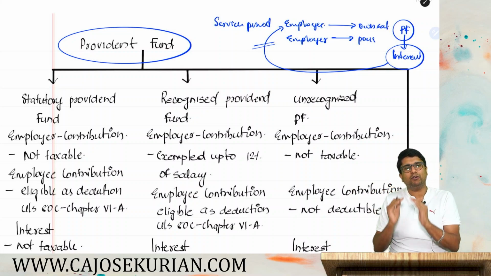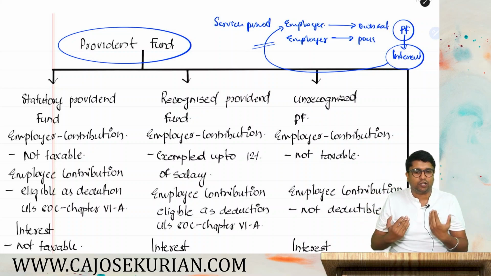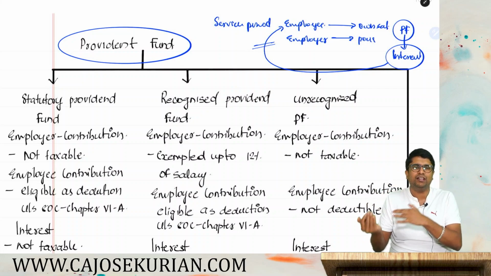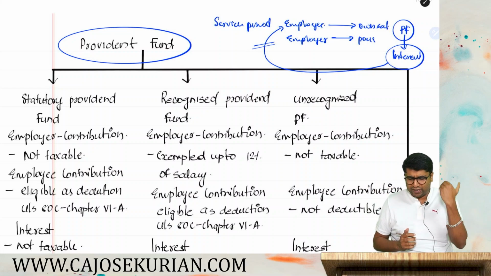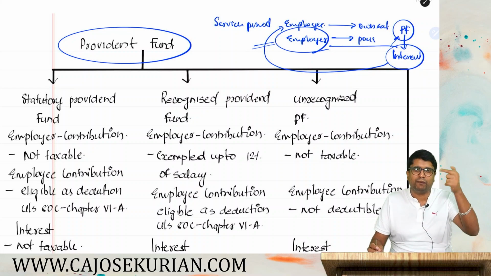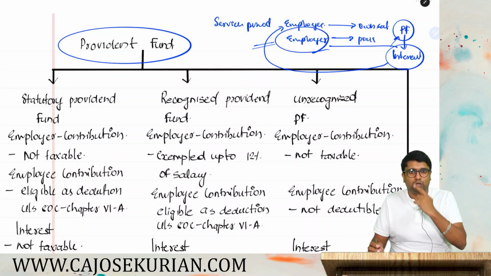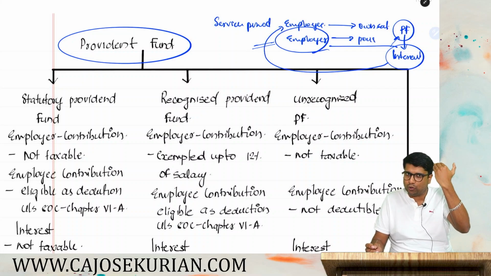That provident fund account, you will receive interest. After your retirement, your entire money, including the interest and your contributions, you can withdraw and you can enjoy your life. This is the concept of provident fund. Now, when the employer contributes something to the provident fund for the benefit of employee, the employee is getting a benefit. Yes or no? How do we compute that benefit and whether it is taxable or not? That's what we are about to discuss.